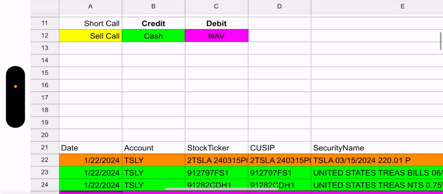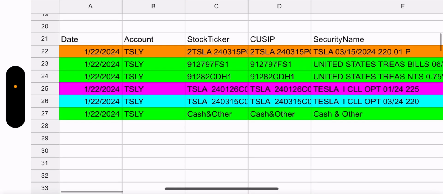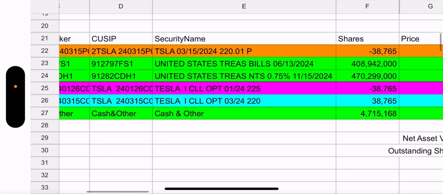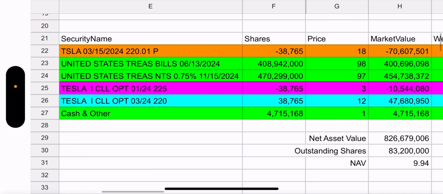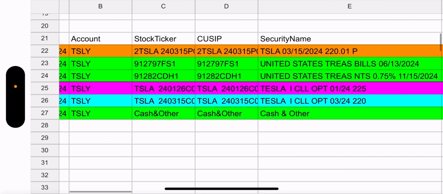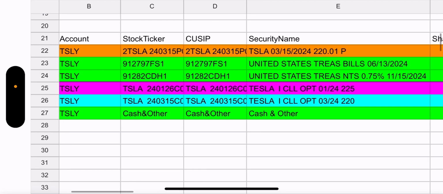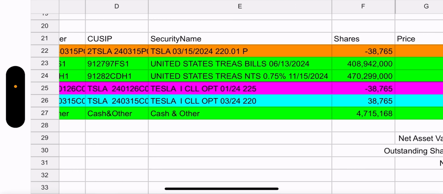If you go down here, I exported the holdings, and here we are. We have cash in green. Also in green are treasuries, because keep in mind the cash always gets moved to treasuries so they earn interest. Think of cash and treasuries as the same, and typically it's a positive number.